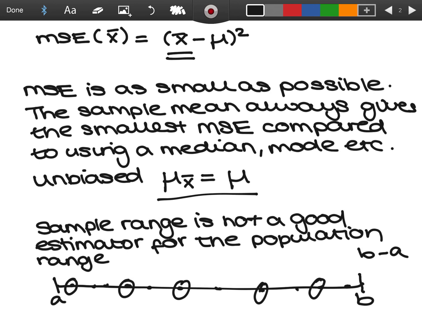So keep that in mind. But most of what we're going to be dealing with is means. We're going to be looking at a point value that can estimate the population mean, or looking at an interval that will contain that population mean.